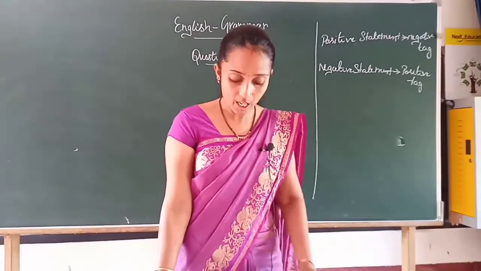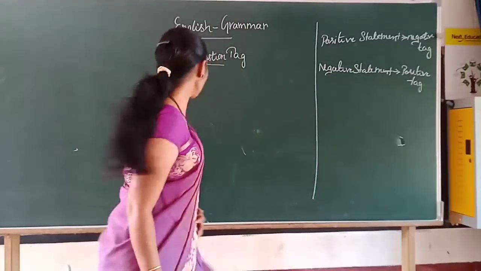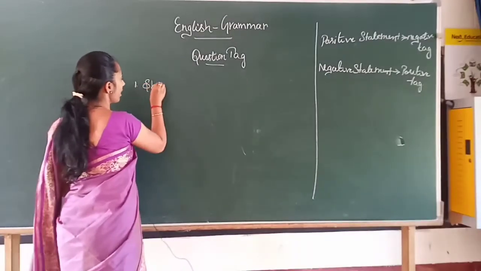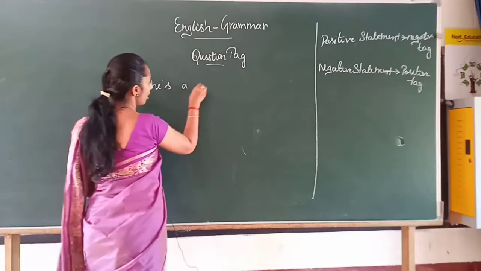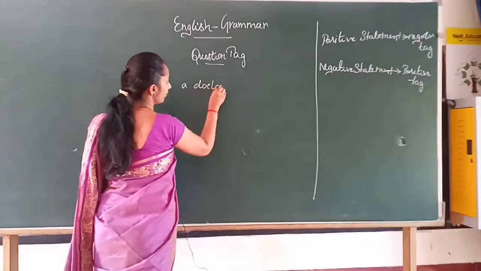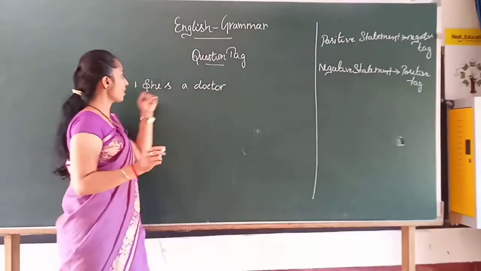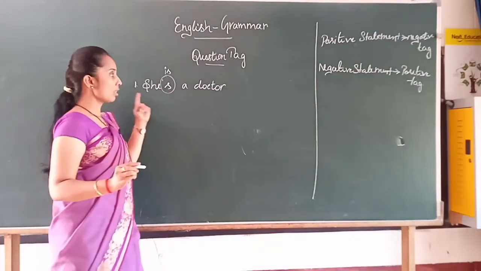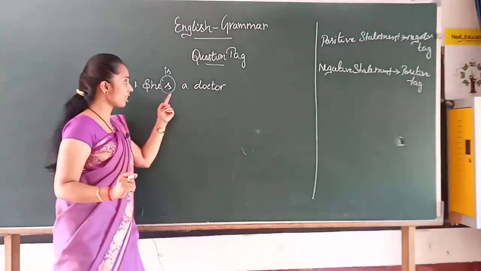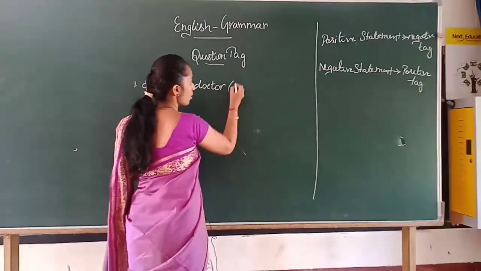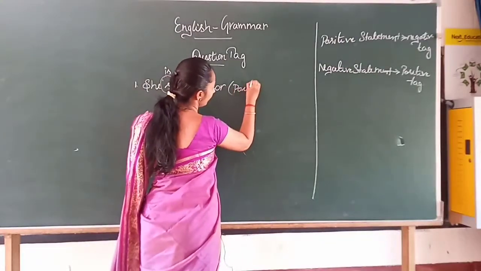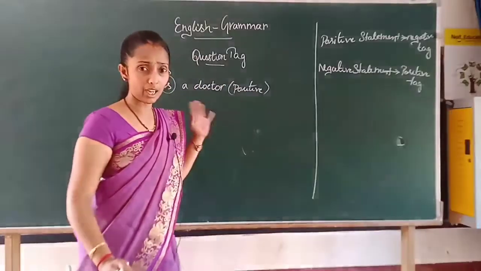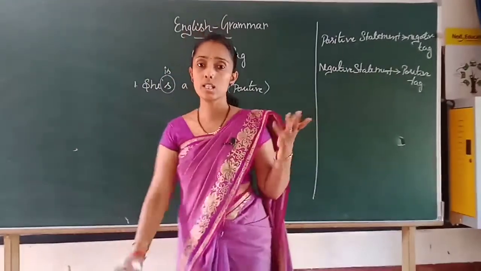Take an example. She is a doctor. Clear? This apostrophe stands as is. So listen here, children, she is a doctor, right? This is a positive statement, in the sense a positive sentence.